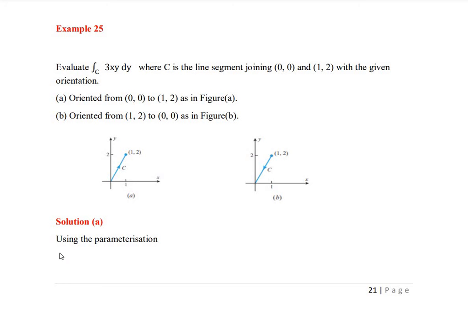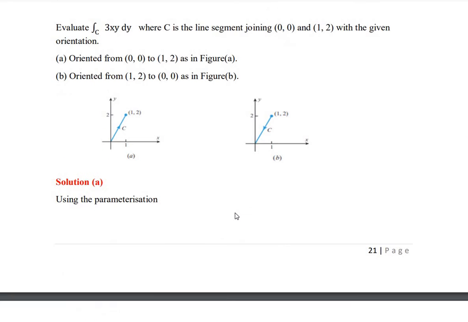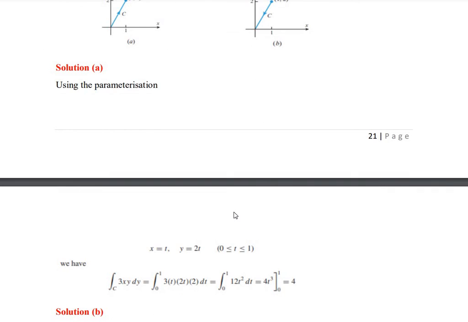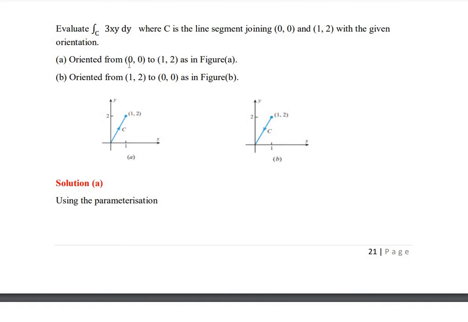So, solution using parameterization: here x is equal to t and y is equal to 2t, where t varies from 0 to 1. We take the equation of the line segment from (0,0) to (1,2) in the first figure.